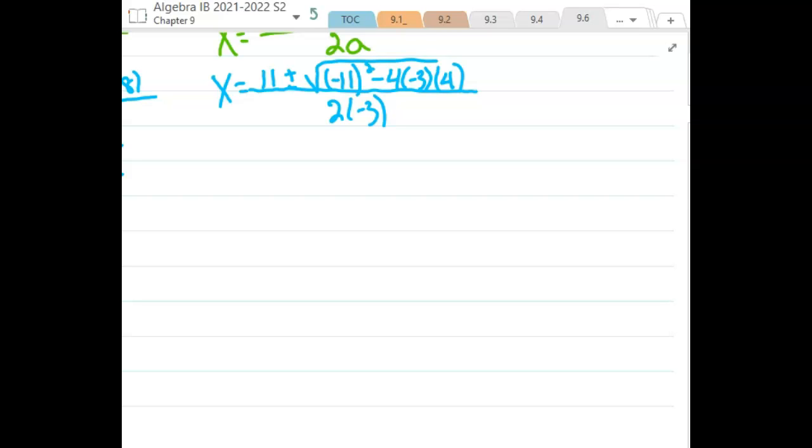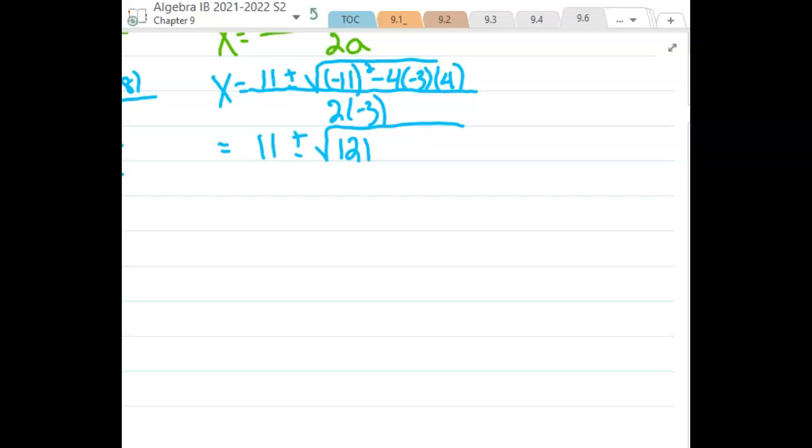Okay, this next step is the big one. So we're going to do equals 11, that stays the same, plus or minus the square root, all of that stays the same. When I take negative 11 squared, we get a positive 121. That first number is always going to be positive. And then the sign that comes next, we have negative 4 times a negative 3 times a positive 4.